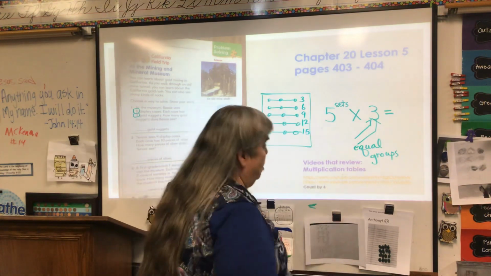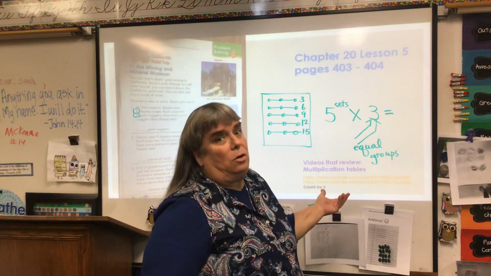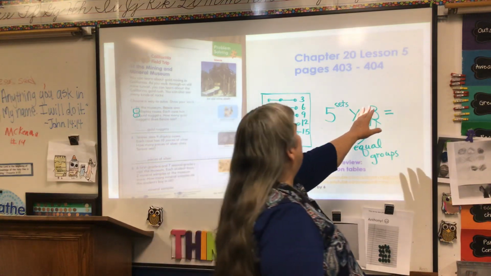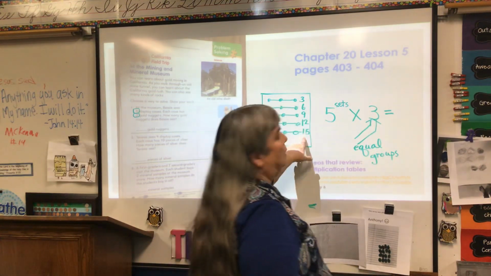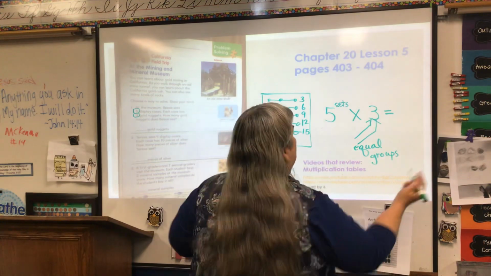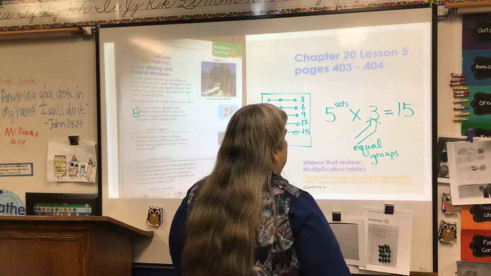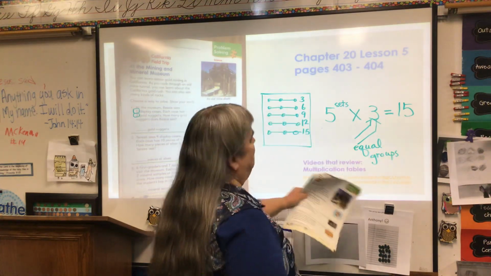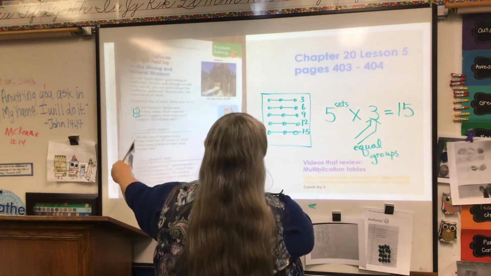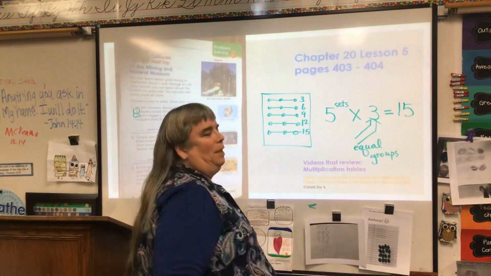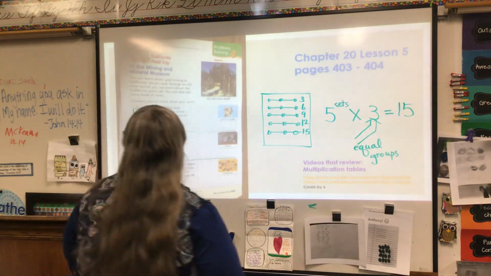Now we also know, of course, because we've talked about it earlier this week, that 3 sets of 5 would still end up being the same answer. So it's going to be 15 either way. But the equal groups, each display case is 3 gold nuggets. So those are the equal groups.